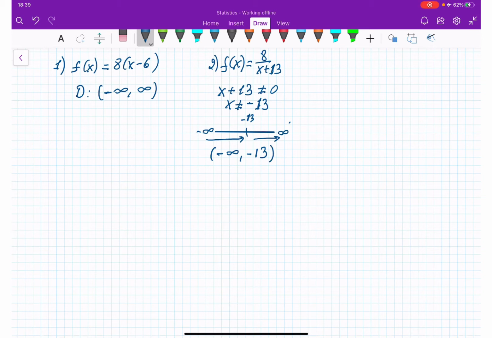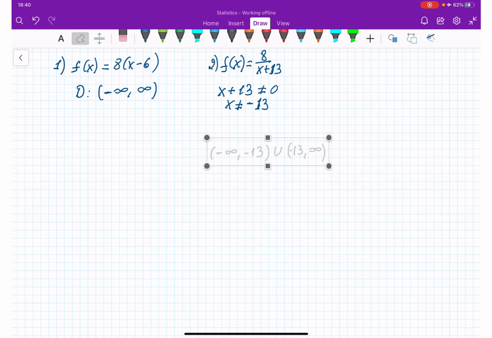If it would include it, we would put a square bracket, yes? And it's going to be from negative 13 till positive infinity. Let me clean this, I don't need to keep it, and move this up. Okay, so this is going to be our domain.